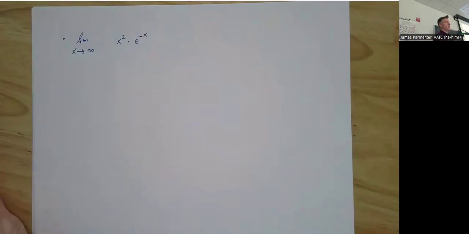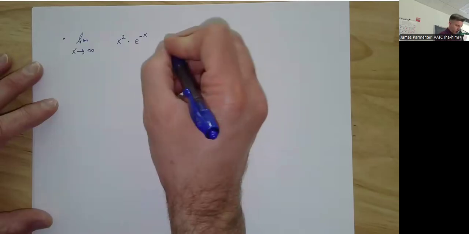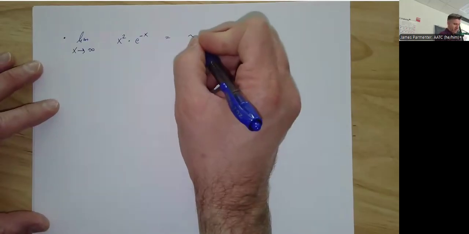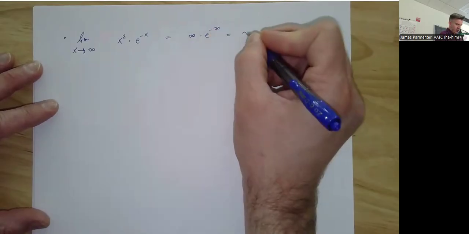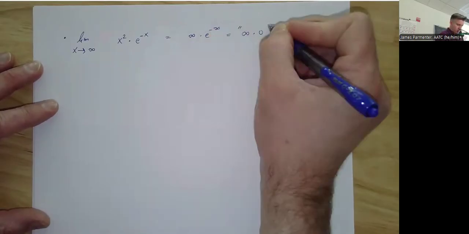I think we did one similar to this last time. Again, same sort of thing happening here. If you plug in infinity, you're going to get infinity times e to the negative infinity, which is essentially an infinity times 0.